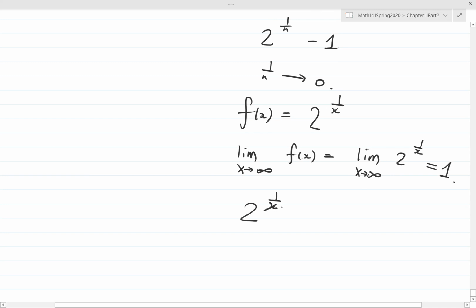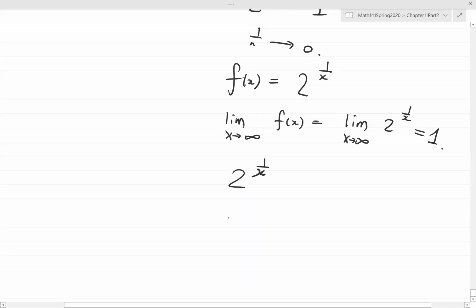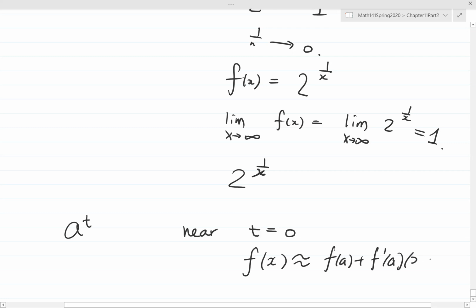Remember linear approximation. What does linear approximation say? For a to the power t near t equal to 0, we can find its derivative at 0. Remember, f(x) can be represented by f(a) plus f'(a) times (x minus a).